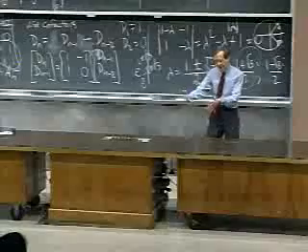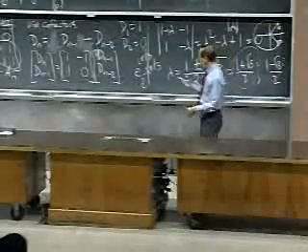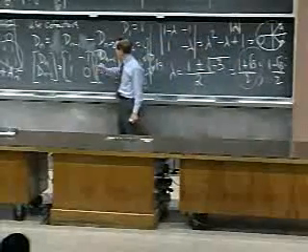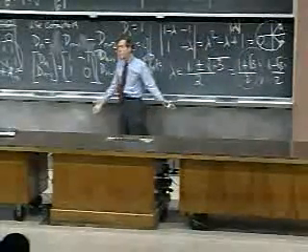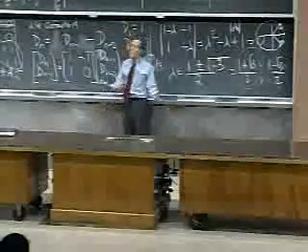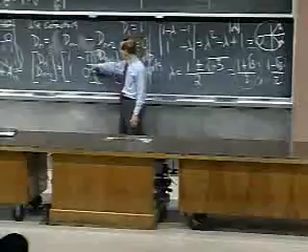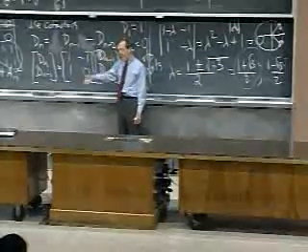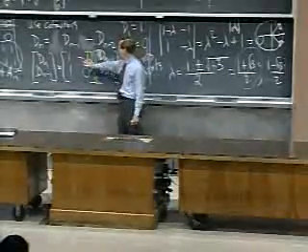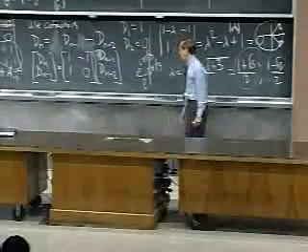So what is it? It's the identity, right? If I run this thing 6 times, I'm back where I was. The 6th power of that matrix is the identity.